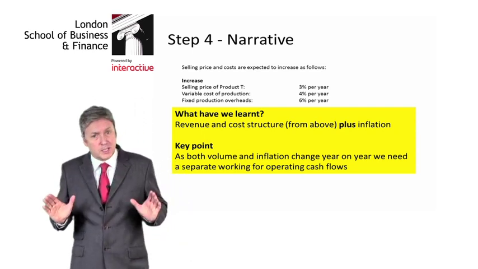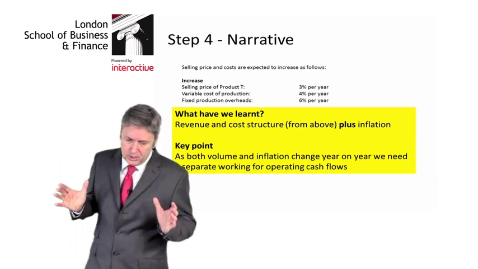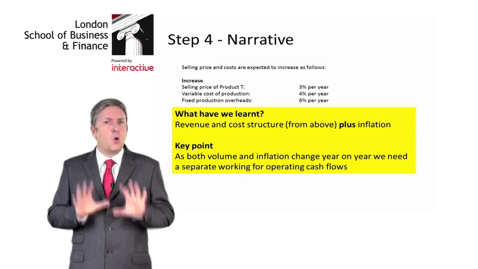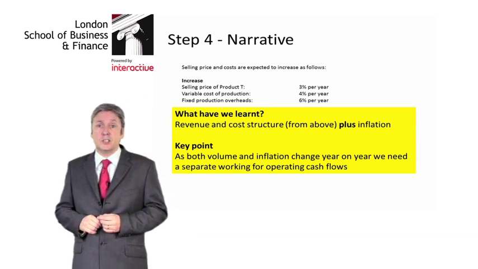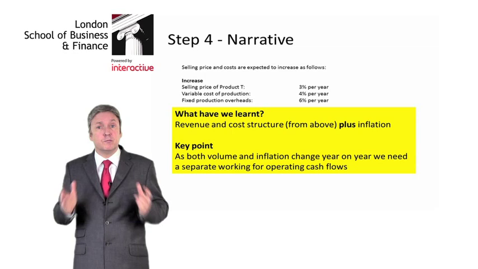If we have volume to contend with, we've got a number of things changing, and all my advice to you is this: with changing volume and inflation to deal with, always do a separate working. That appears to be what the examiner does, and your examiner tends to give you a solid mark allocation for it.